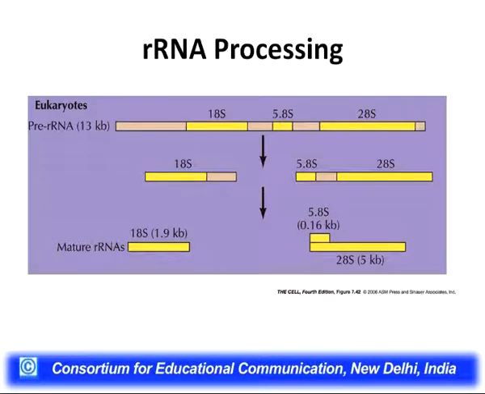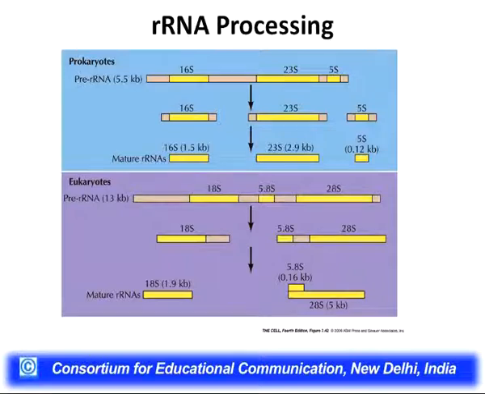This figure shows how the pre-rRNA, that is the primary transcript of rRNA, is cleaved into specific molecules. Here 18S, 5.8S and 28S are cleaved from the primary transcript, and after exonucleolytic degradation, the mature rRNAs are formed. This figure compares the rRNA processing of prokaryotes and eukaryotes.